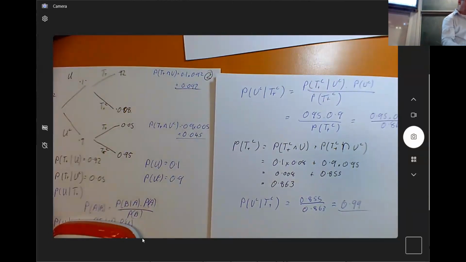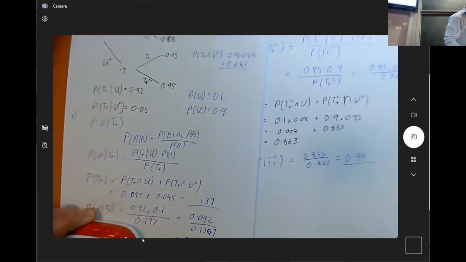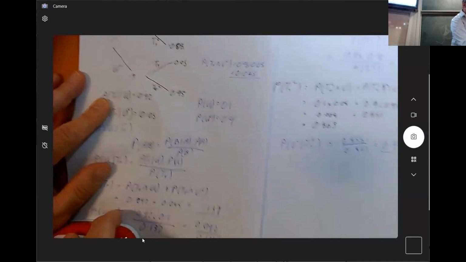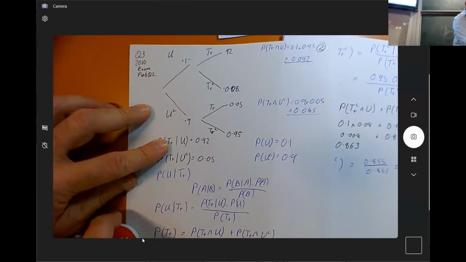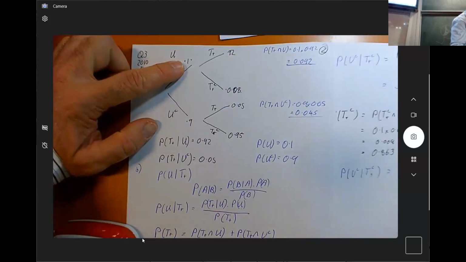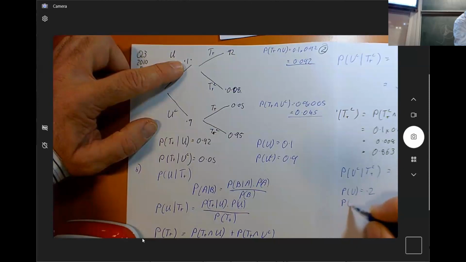If we go back to what we did here, we're going to change this probability to 0.2. So my probability of using is equal to 0.2, and my probability of not using is equal to 0.8.